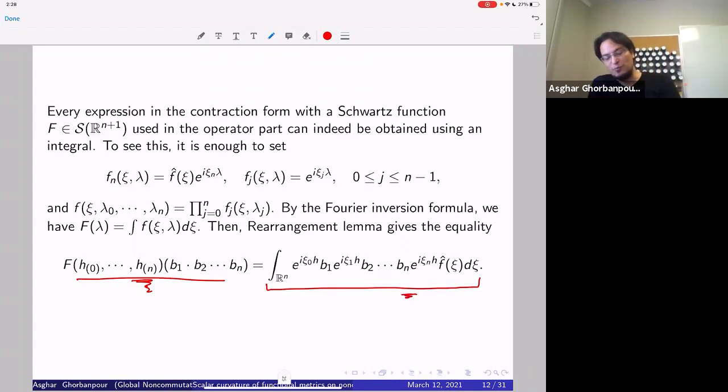There is a theory behind that, which makes more sense of these things. But basically, when I say something is in the contraction form, you can see it as an integral of this form over elements of a valued function on Rn.